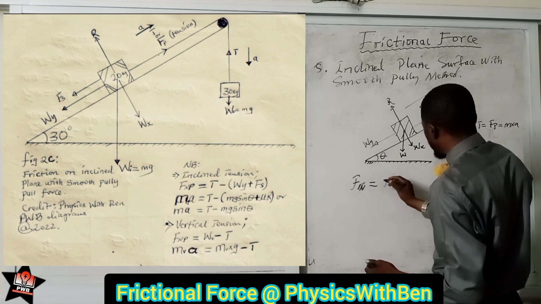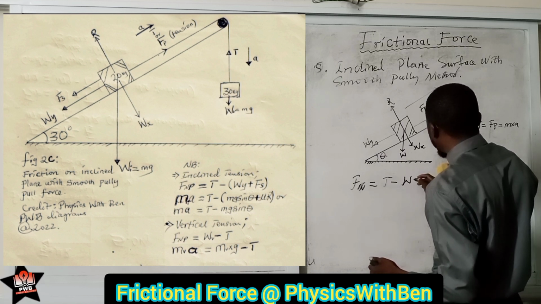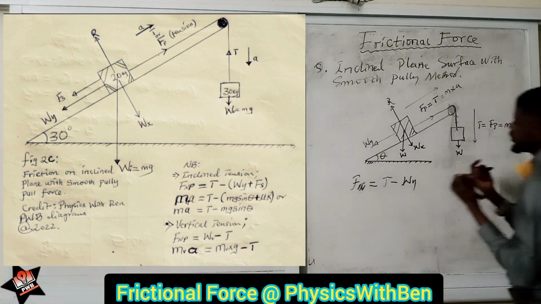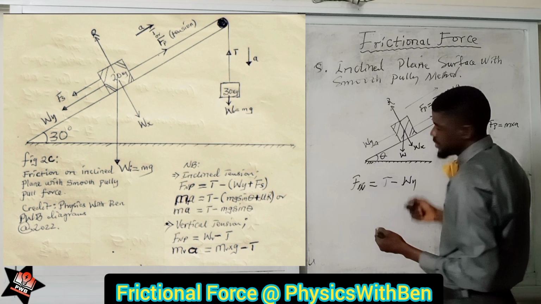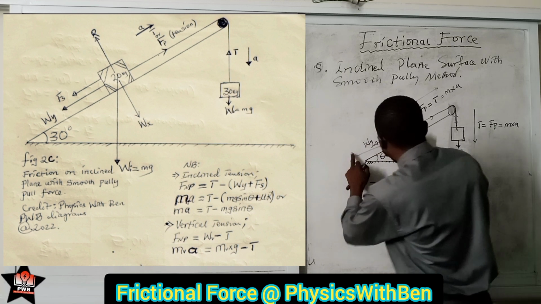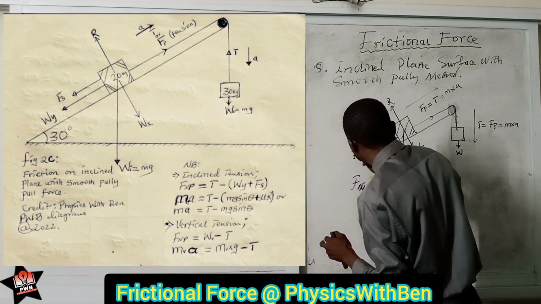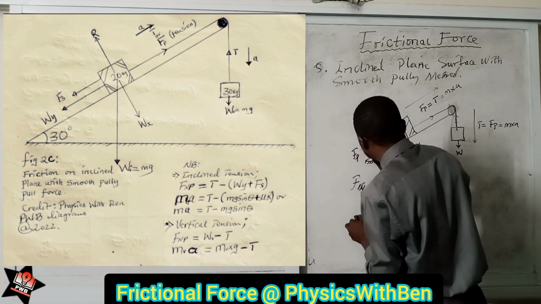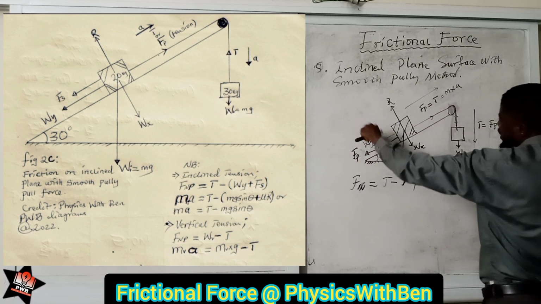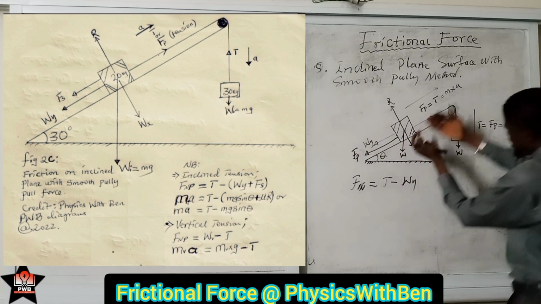So we have T minus Wy. I forgot something. Since it is moving up here, the frictional force will act in this direction. So in addition, we have the frictional force. That is your F. So this pull force has overcome the vertical weight of this object and the frictional force. That is why it is dragging it up here.